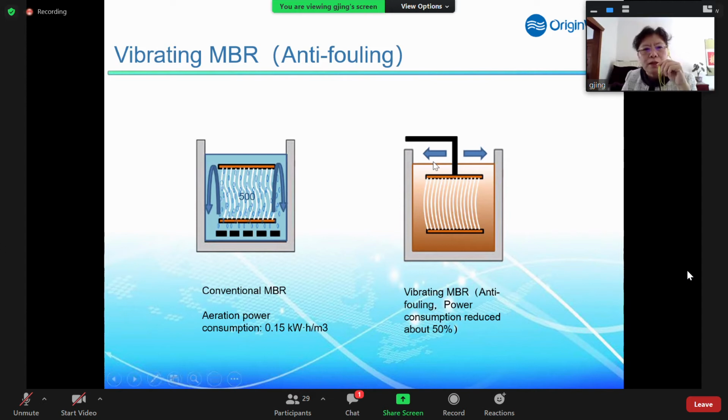We designed the vibrating membrane for high solid content, and also to minimize membrane fouling. With a conventional membrane we use aeration, which has high power consumption. If we use mechanical shaking, shaking the membrane rather than bubbling, we can reduce the power consumption by about 50%.